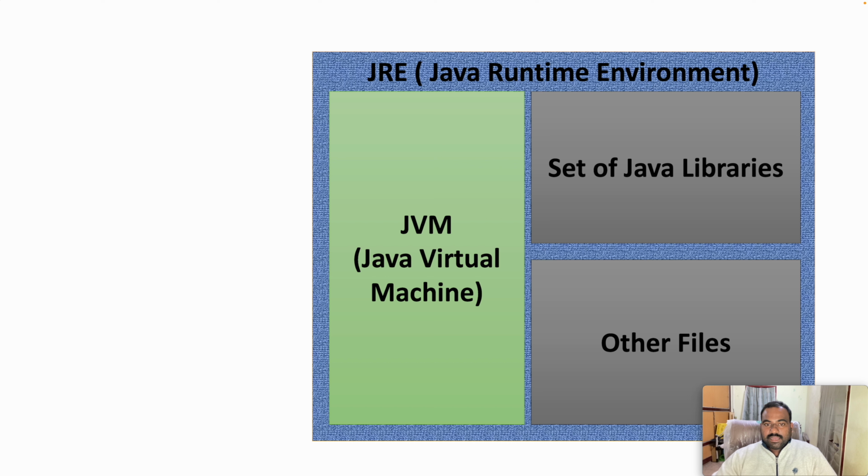The JRE is actually platform dependent. Only the Java programming language is independent. When we want to install a JRE on Windows, we need to install a JRE that is accepted by the Windows operating system.